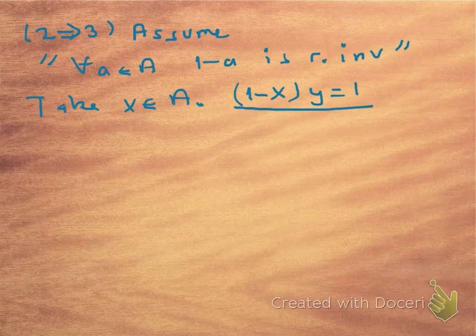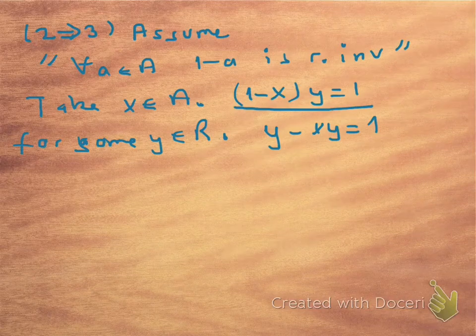So, take an arbitrary element, let's say x of A. By our hypothesis, (1 minus x) times y is equal to 1 for some element y of R. Well, expanding that equality, we get y minus xy is equal to 1. Now what we are going to do is try to prove that this y is actually right invertible as well. Once we do that, the result will follow very easily.